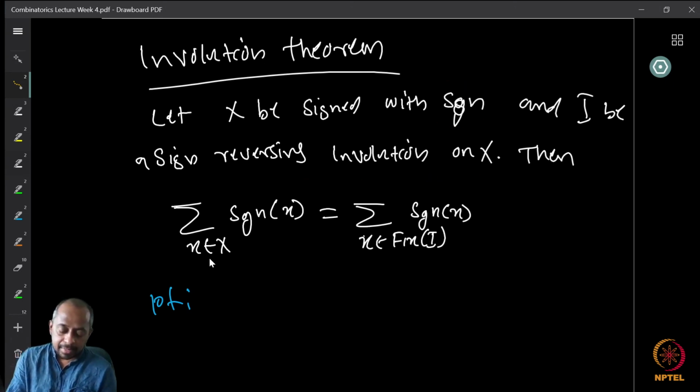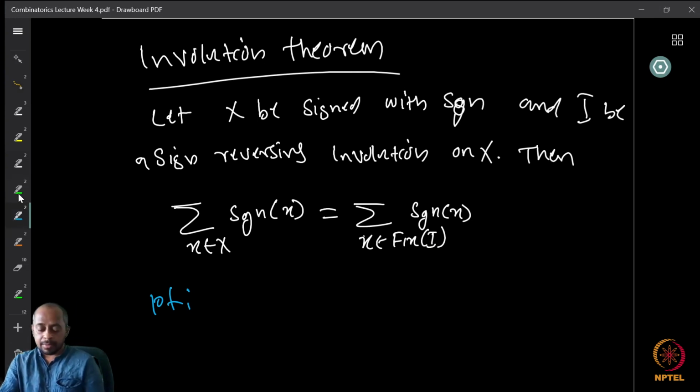Then the summation over x in X of sign of x is equal to the summation over all the elements fixed by I of sign of x. This is the involution theorem, and this is quite useful. You will see in your homeworks, and the proof is almost trivial.